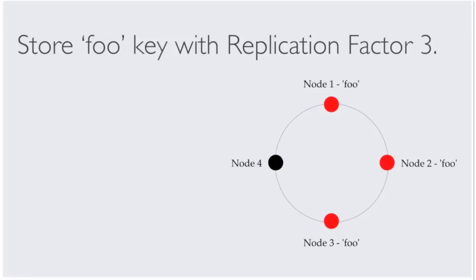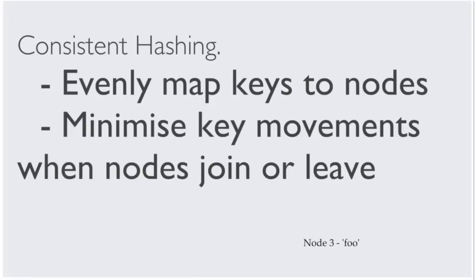So to understand how we partition data and how we choose nodes, we have this idea of consistent hashing that Cassandra implements. There are 2 things that consistent hashing brings. The first is that we can evenly map the keys in our system onto the nodes.